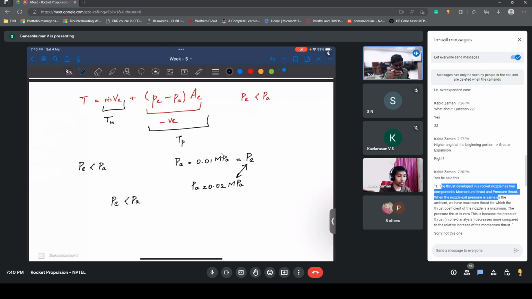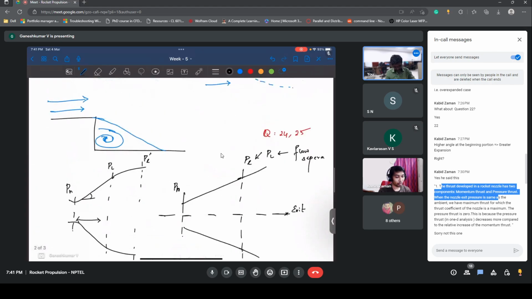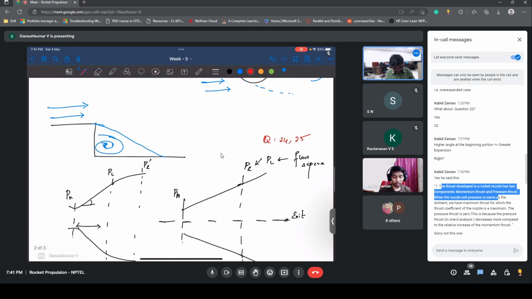So you can reach ambient pressure or higher pressures. I'm not sure, this is also quite confusing.